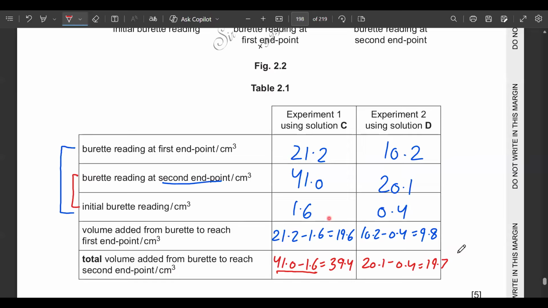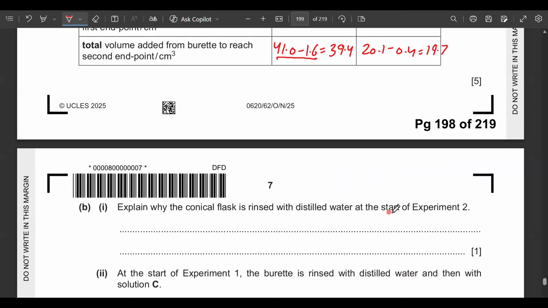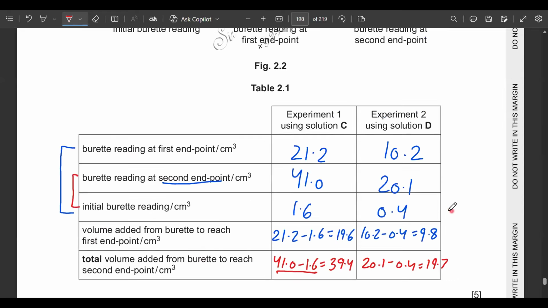All right, now the next part is: explain why the conical flask is rinsed with distilled water at the start of experiment 2.